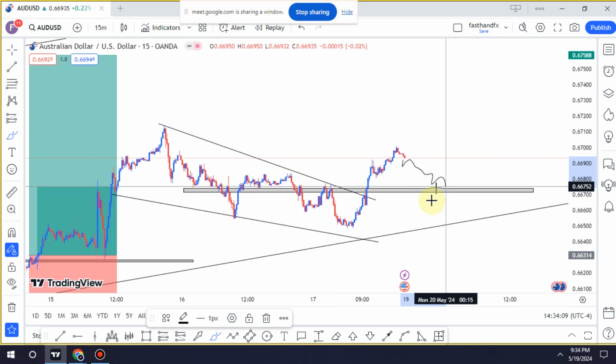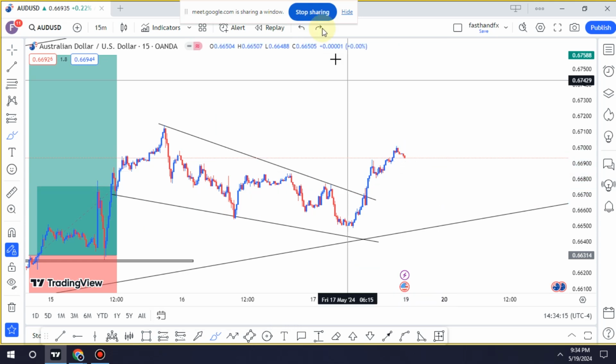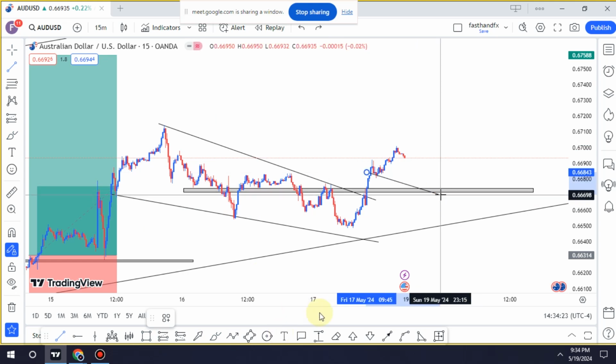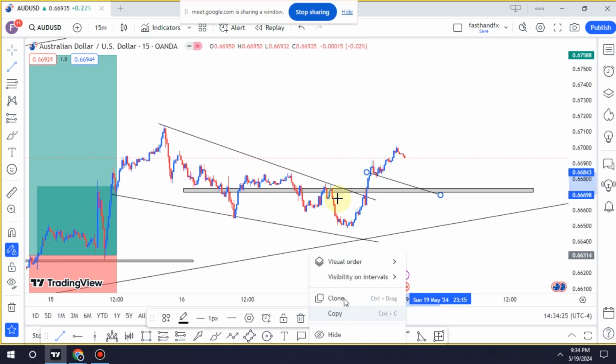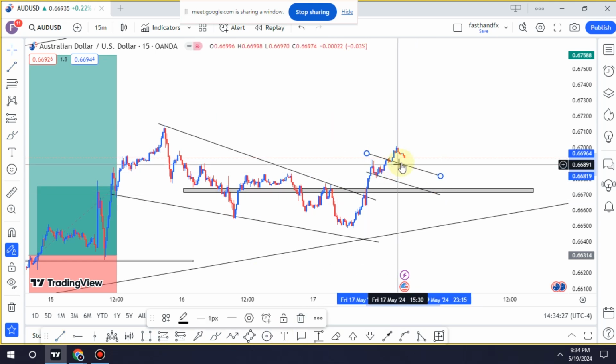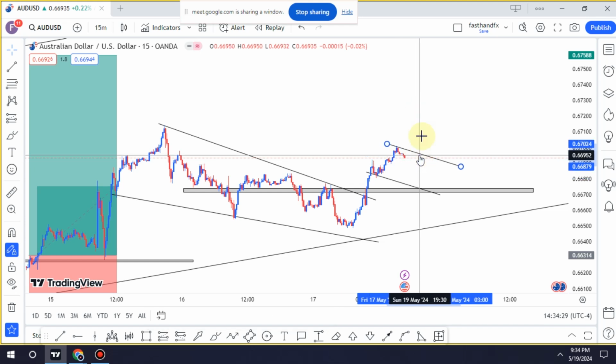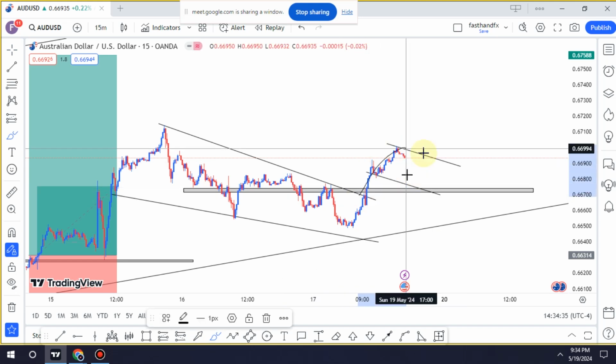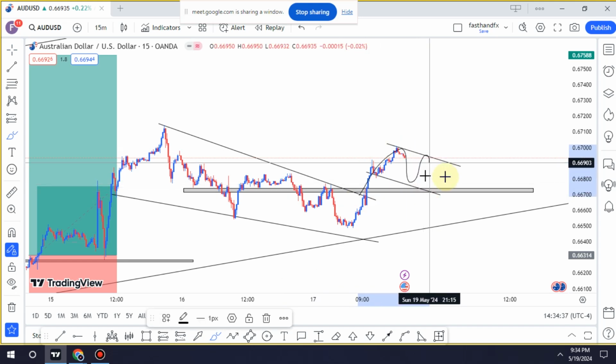Then once again wait. In fact, it might do this, I believe, something like this. Yeah, I think something like that. So we might see maybe from tomorrow AUD/USD doing this, respecting this trend line, something like this.